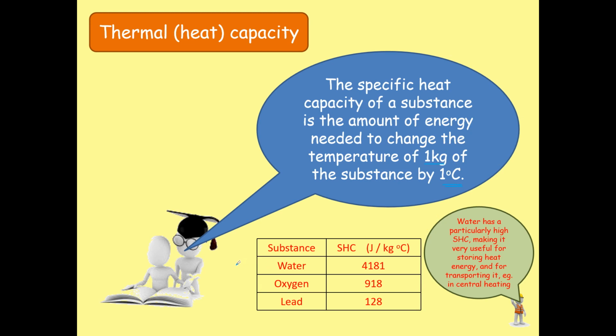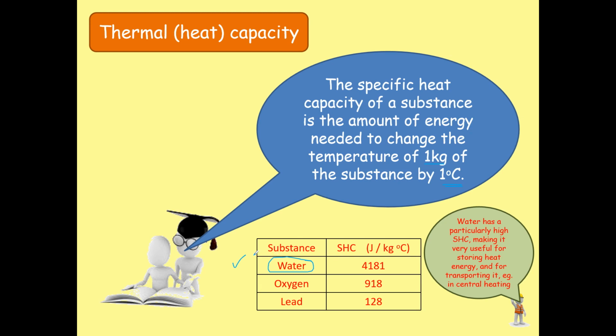So water over here has the highest specific heat capacity. Oxygen would require 918, lead would require 128. That means it is very easy to raise the temperature of 1 kilogram of lead compared to 1 kilogram of water. Now this factor of water needs to be understood, that water has huge applications in terms of heat storing or heat exchange.